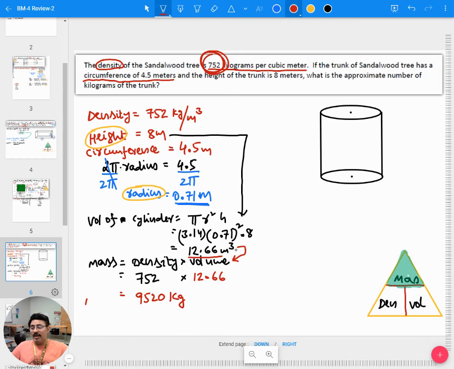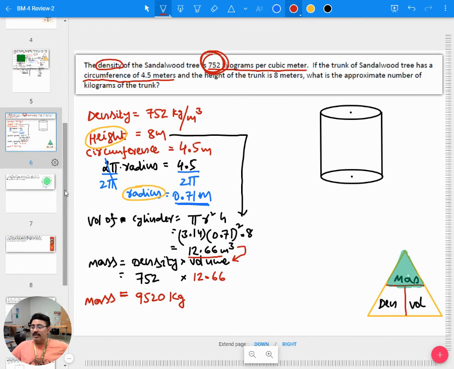That's the mass. As I mentioned before, these numbers are just for the sake of calculation, but in real life, you cannot expect something with 9,520 kilos. It may be something like 900 kilos. Yes, it is quite possible. Okay, so let me jump to the next question.